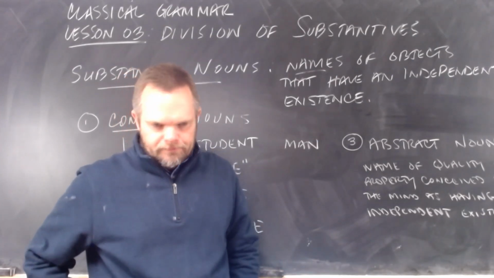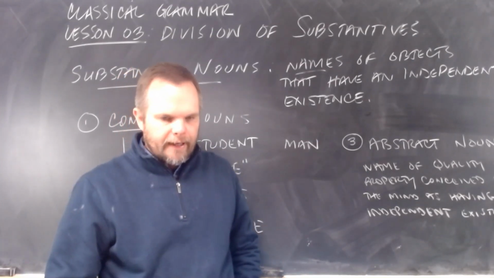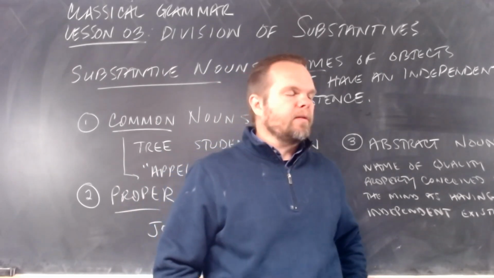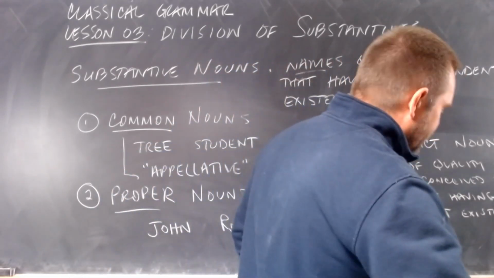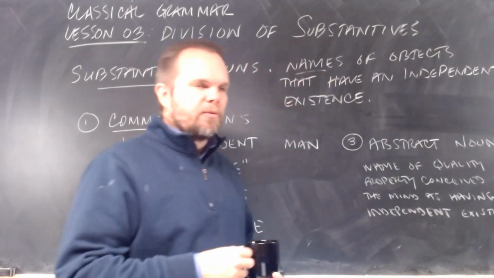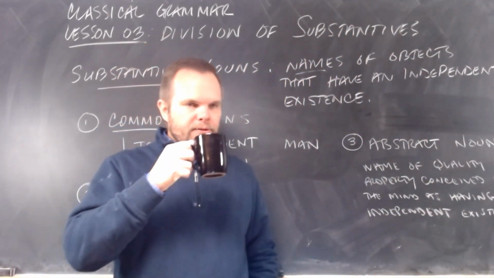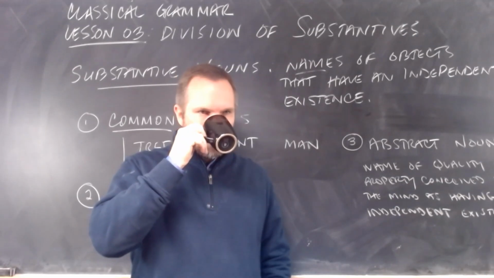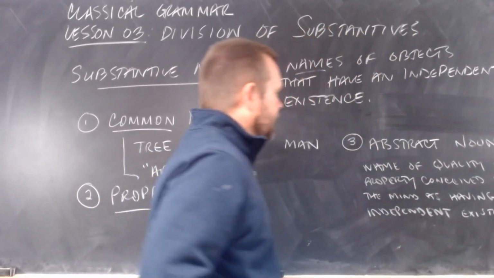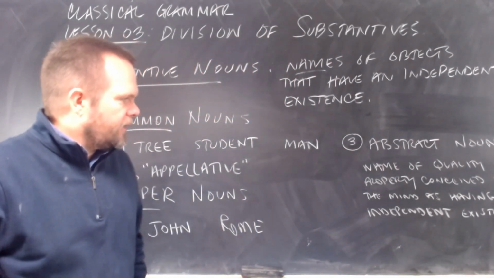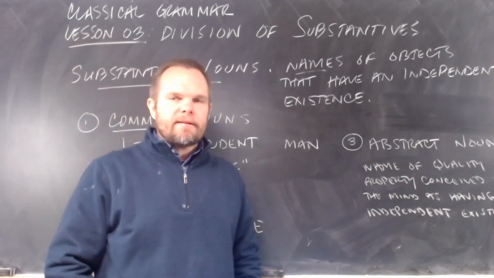An abstract substantive noun is the name of a thing conceived by the mind, the name of a quality or property conceived by the mind as having an independent existence.